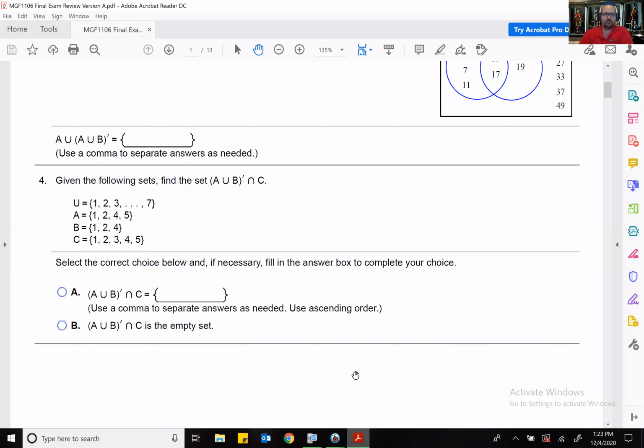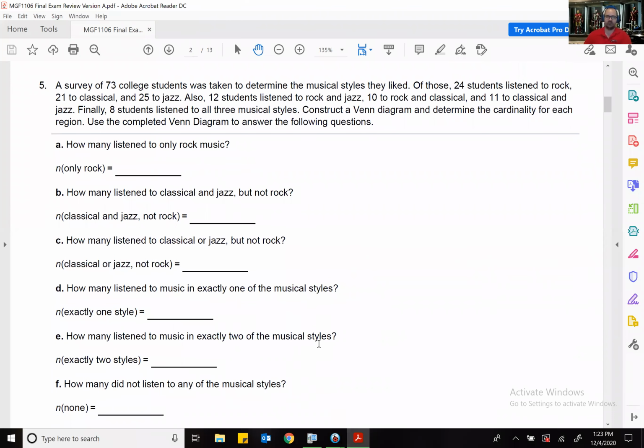Jumping back. All right. Word problem. Yay. You've seen this before. This is one of those 3 circle word problems all about rock, jazz, and classical. So I'm going to make my Venn diagram real quick.